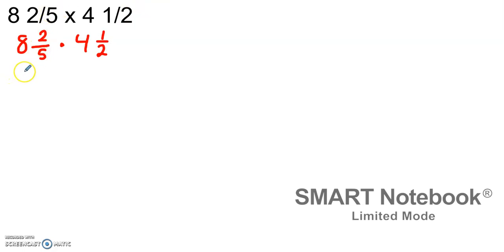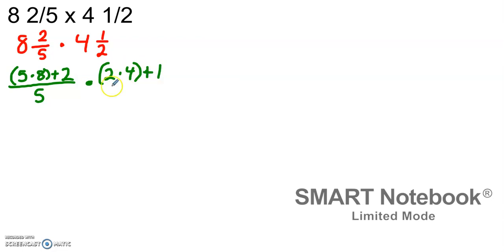So remember, to make them improper fractions, we take the denominator, times it by the whole number, and then we add whatever is in our numerator. Our denominator then stays the same. And I'm going to rewrite this the same way over here so that I get used to making mixed numbers into improper fractions.